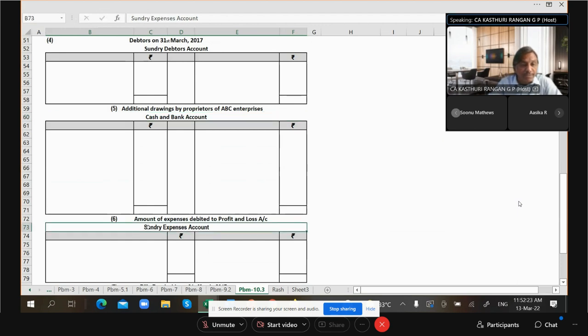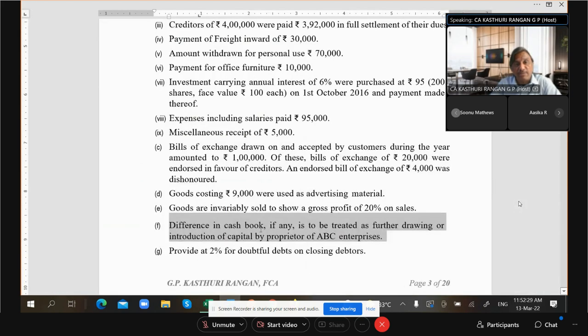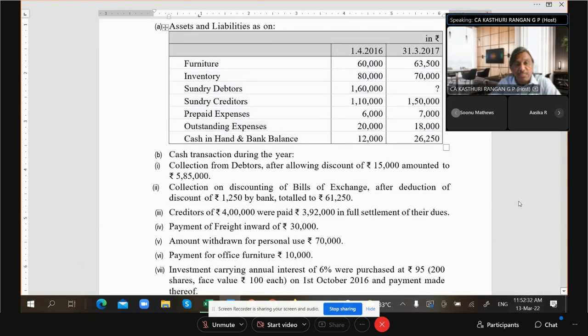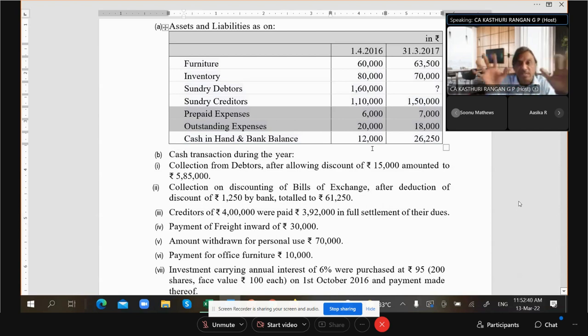Sundry expense account. Why are we preparing sundry expense account in this problem? You see, in the balance sheet given, we have prepaid expense, we have outstanding expense, opening, closing balance. Better open sundry expense account, record these balances. You can find what is the actual expenditure to be taken to P&L account.